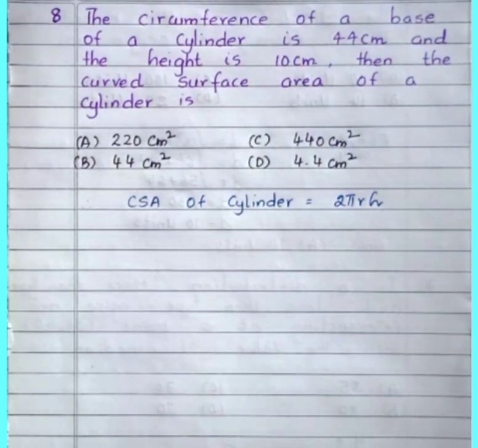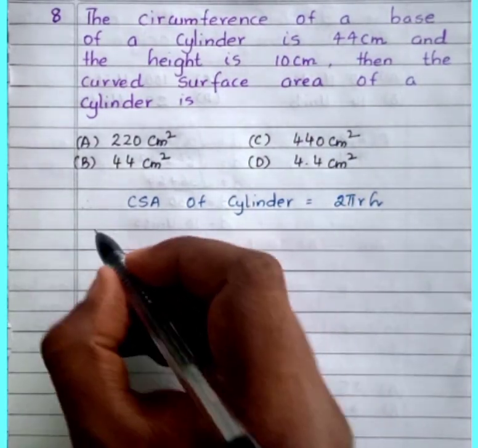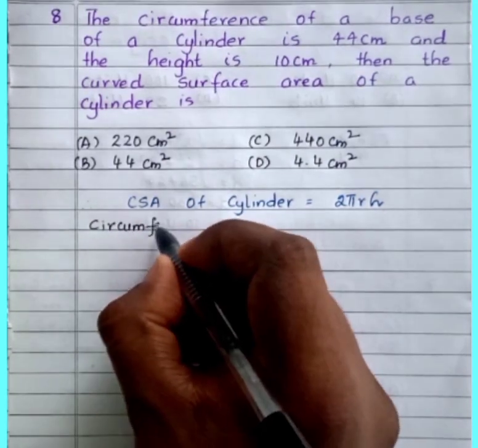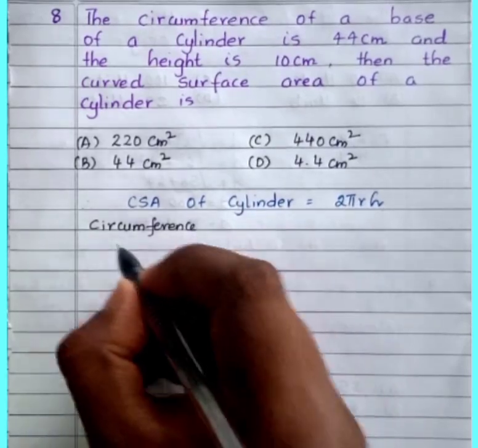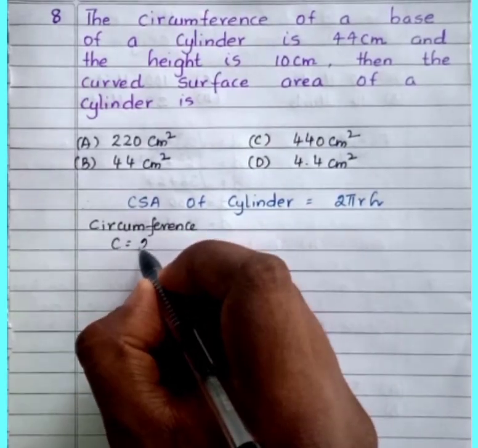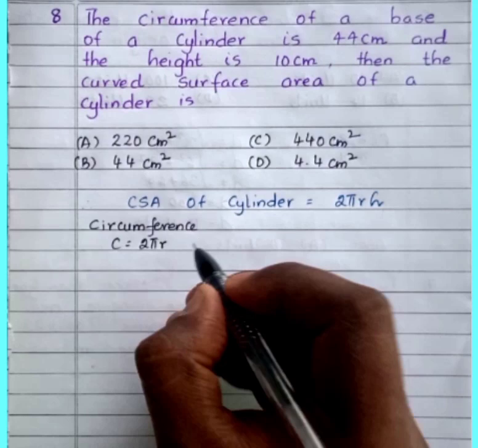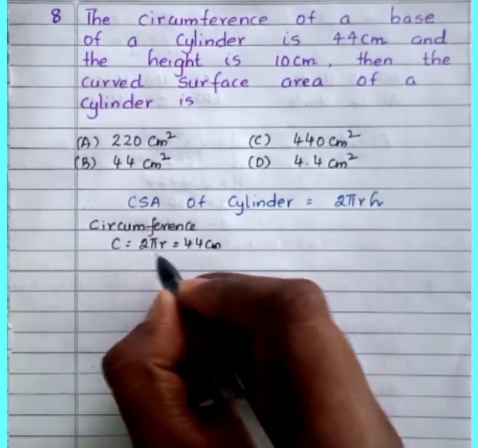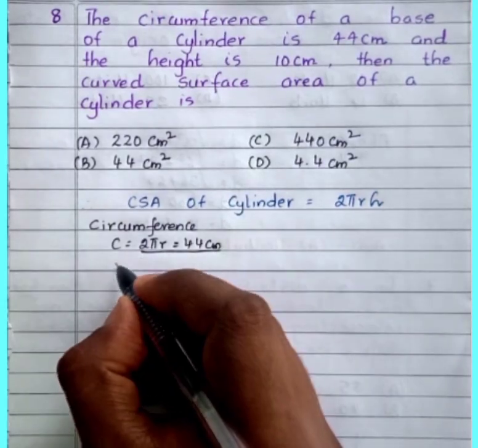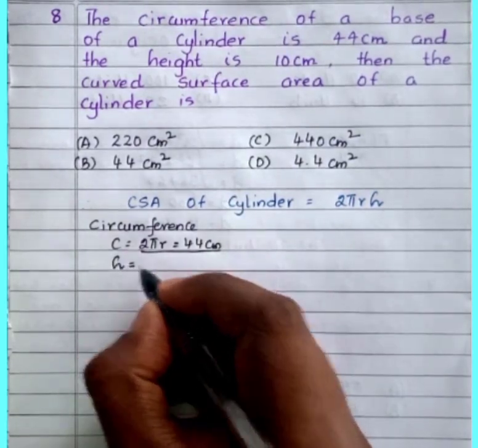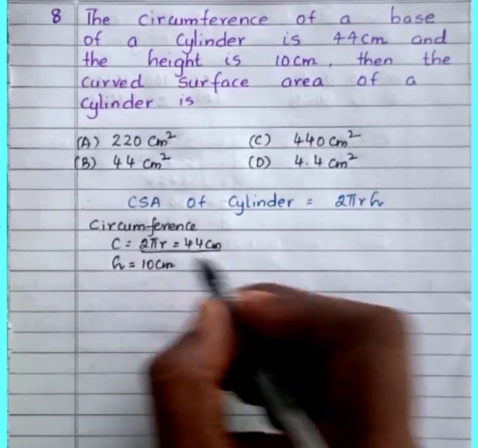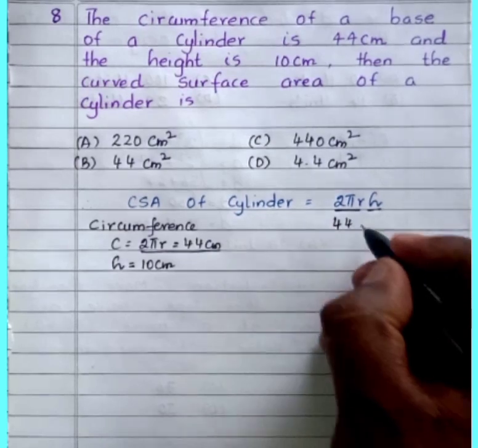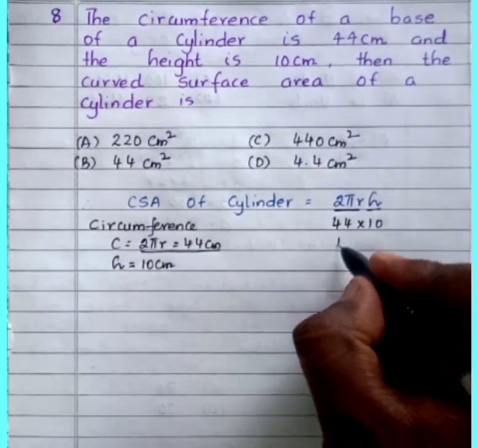Given from the question, circumference is 44 centimeter. Circumference is given by the formula 2 pi r, equals 44 centimeter, and also given height as 10 centimeter. Now substitute the value of 2 pi r, that is 44, and height as 10 centimeter.